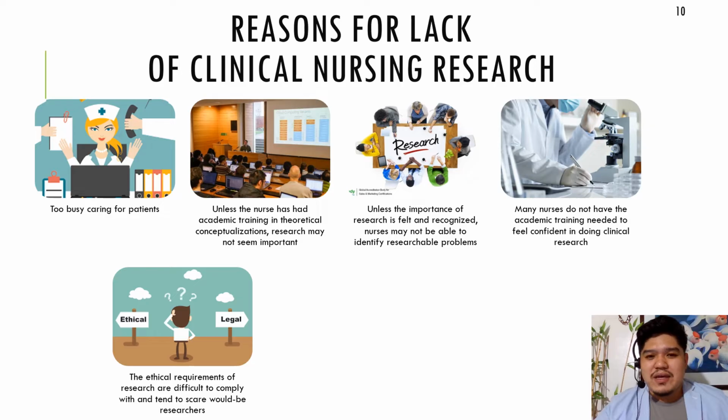One of the deterrents is that ethical requirements of research are difficult to comply with and usually tend to scare off would-be researchers. Okay, there could be certain ethical procedures that we should be abiding with.